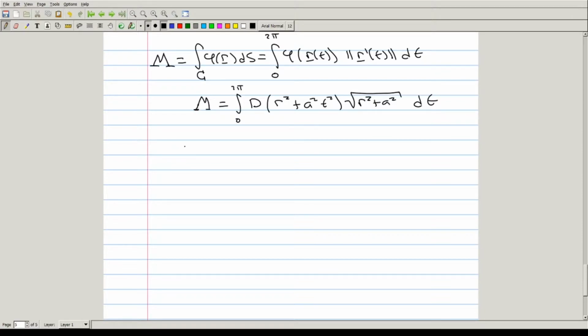This simplifies to the mass is equal to d times the square root of r squared plus a squared times the integral from 0 to 2 pi of r squared plus a squared times t squared dt.